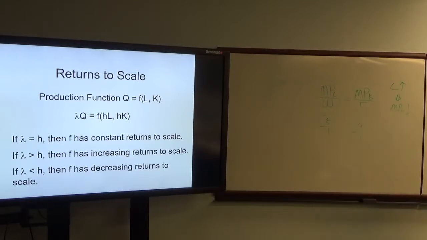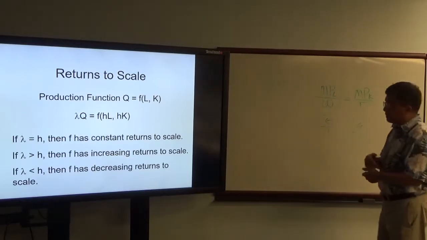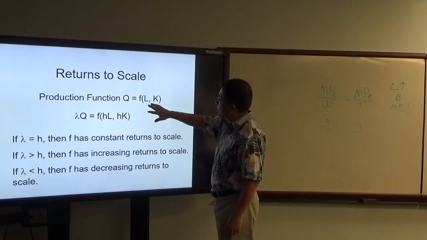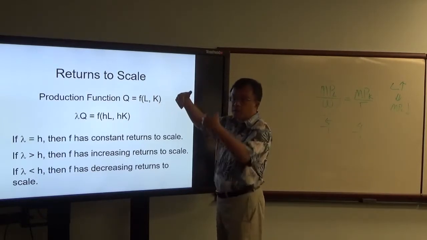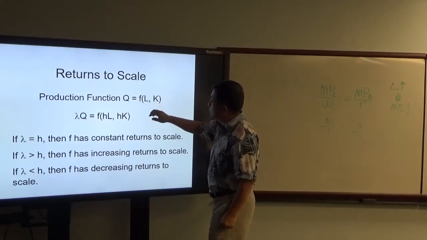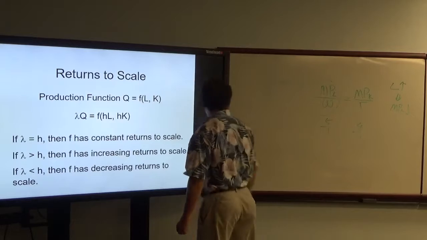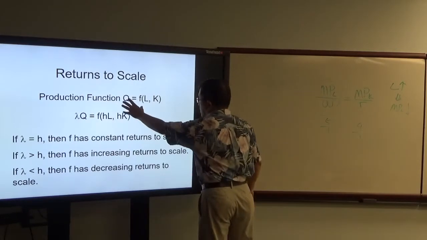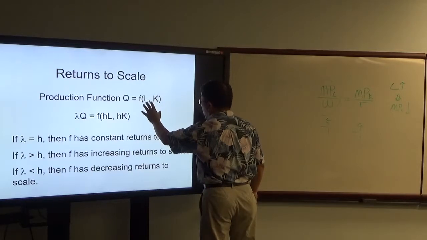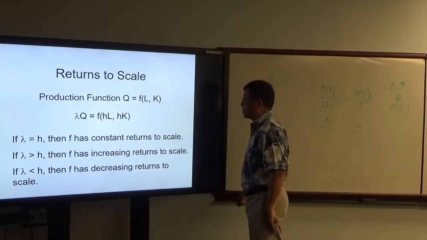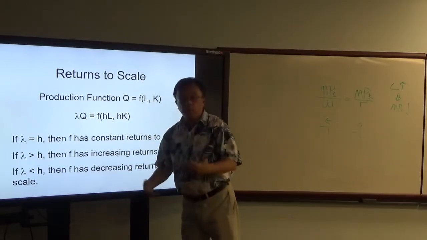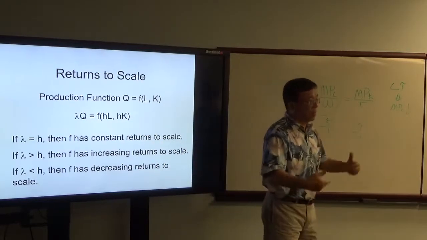And the last part has something to do with returns to scale. Returns to scale is, again, a long run decision. So we have a production function. The output level is determined by the number of workers and the amount of physical capital. Now the question is, what happens if I double the number of inputs?